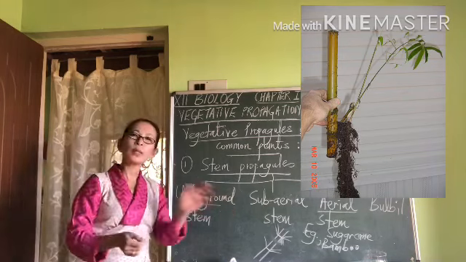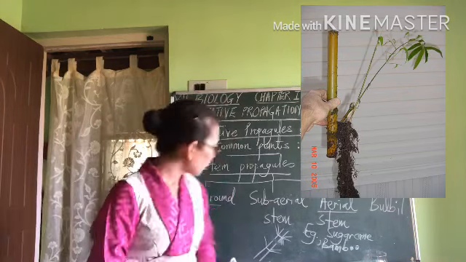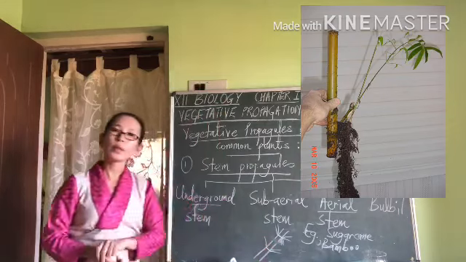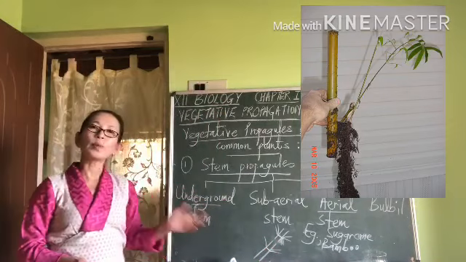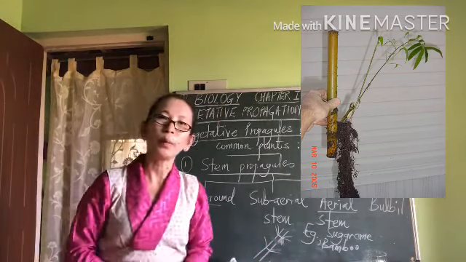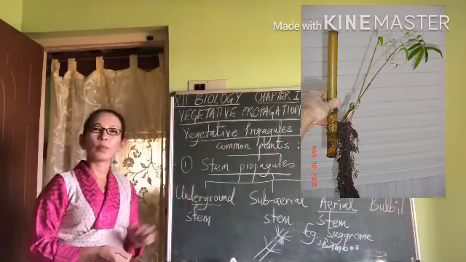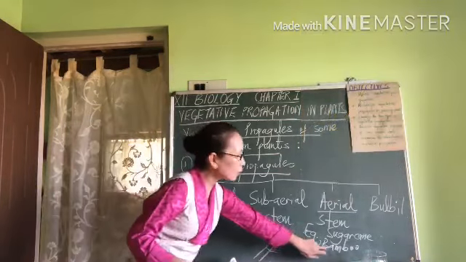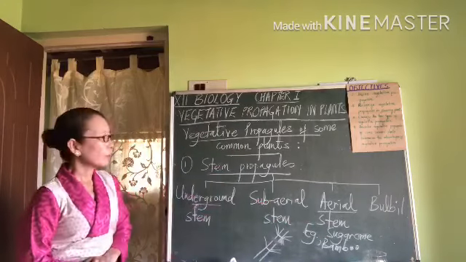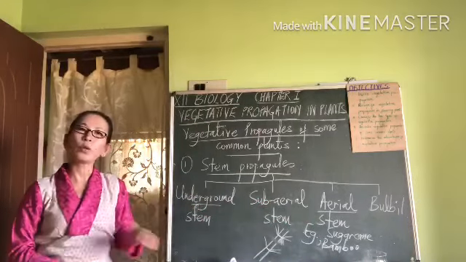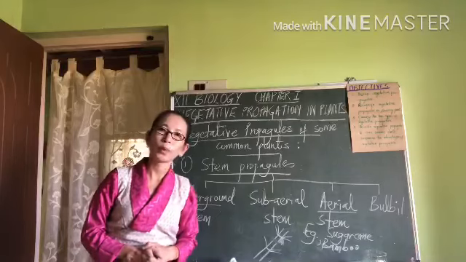And then when these cut stems are grown in a suitable soil or a suitable medium, we can attain a new bamboo plant. So bamboo is another example of how aerial stems can be used for vegetative propagation.